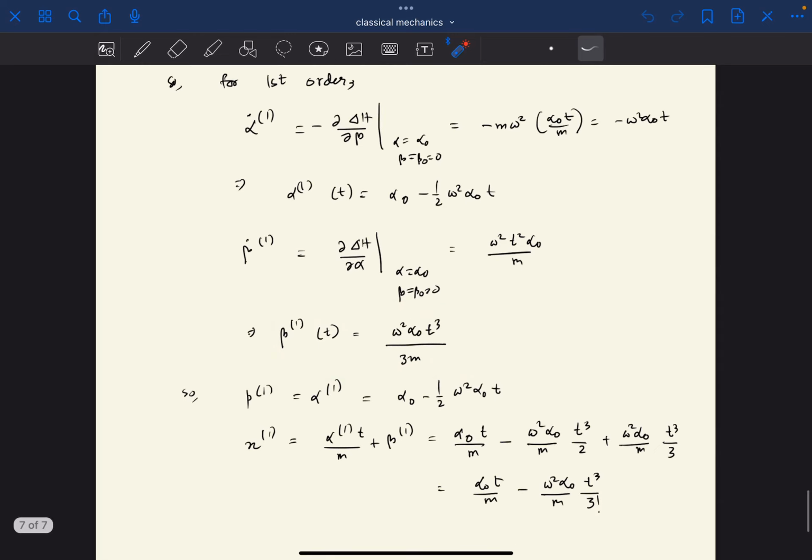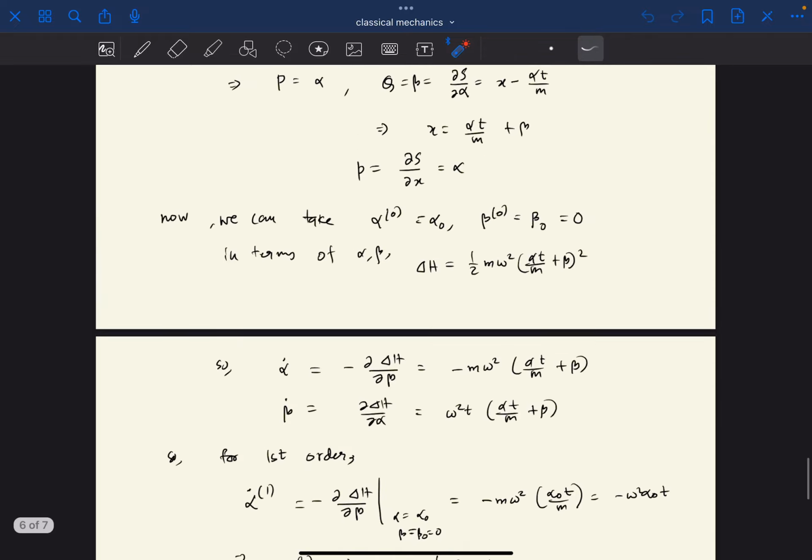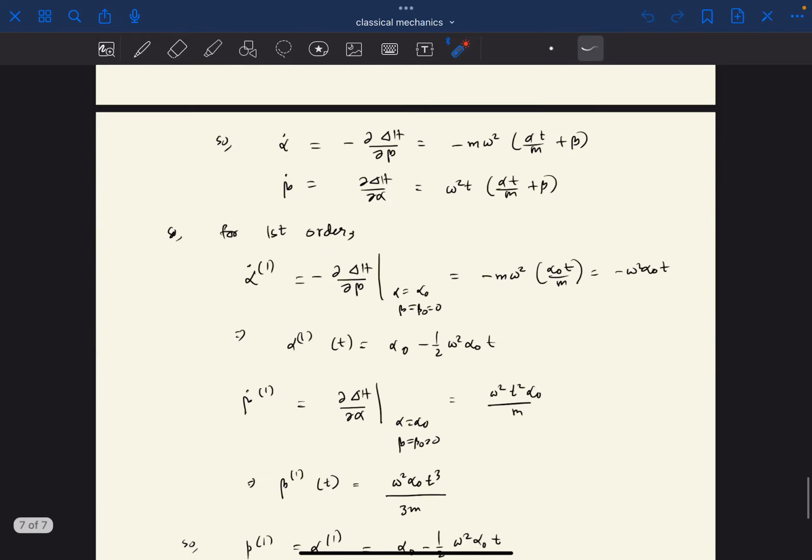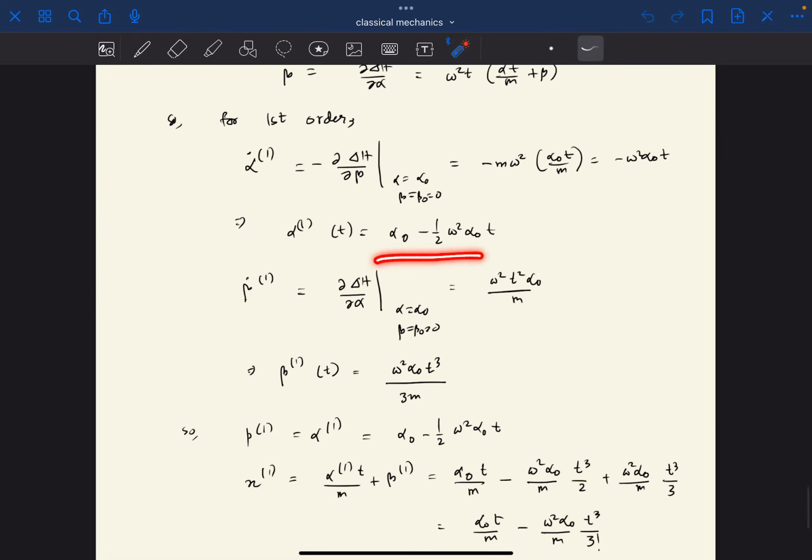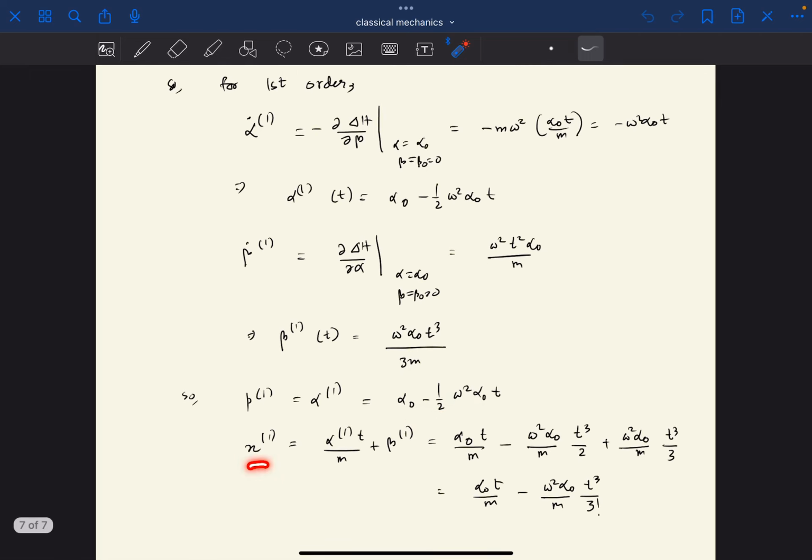So now if we calculate p1, this is just alpha 1 by this relation, which is given by alpha 0 minus half omega square alpha naught t, and x1, which was this, is just multiplying alpha 1 times t by m, and this gives this thing, plus beta 1, which is calculated as omega square t square m by alpha naught.